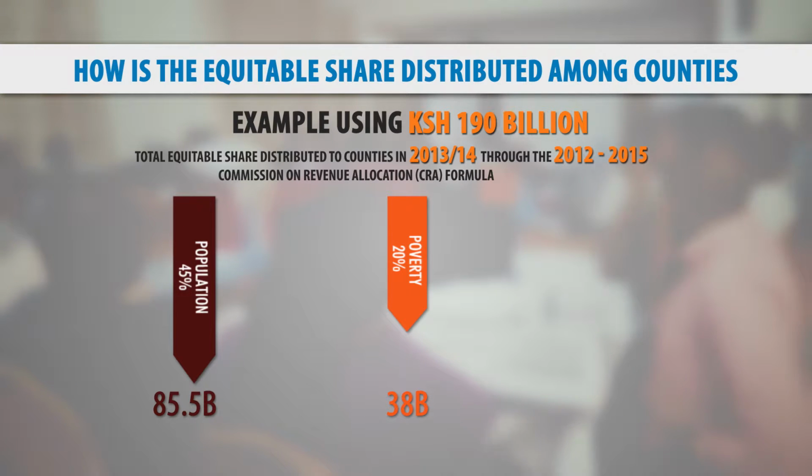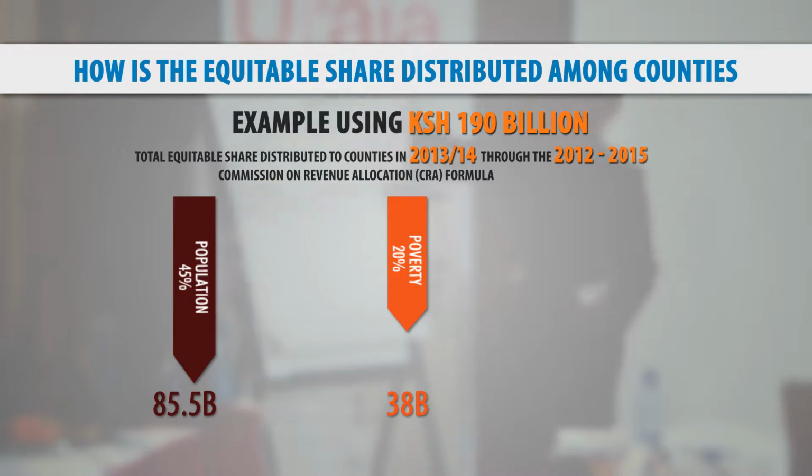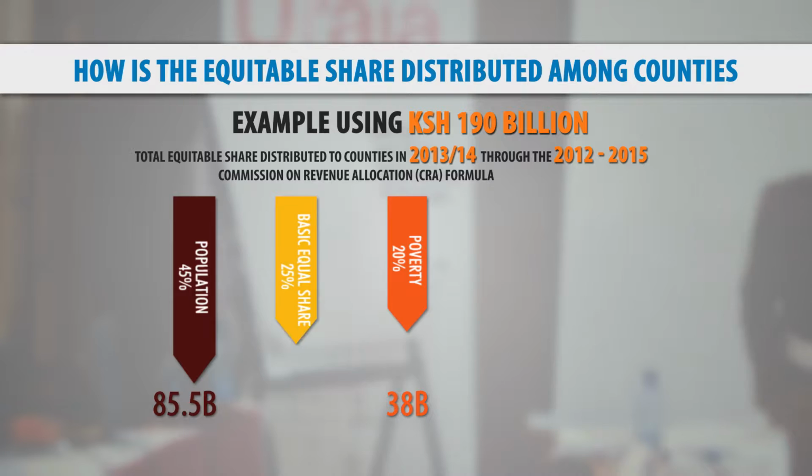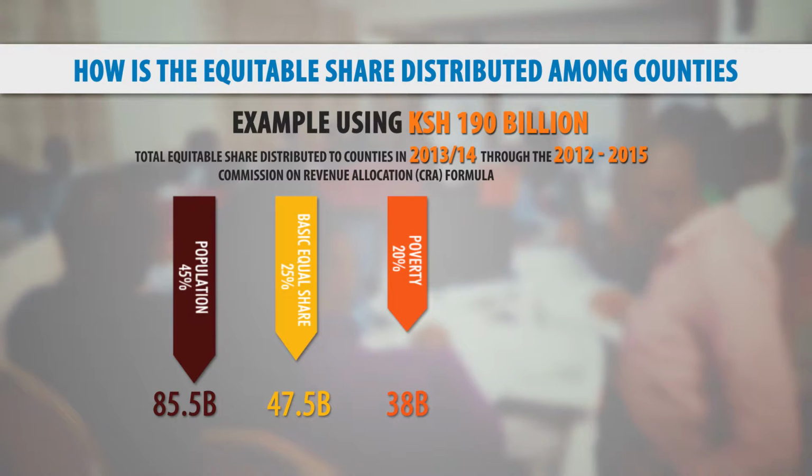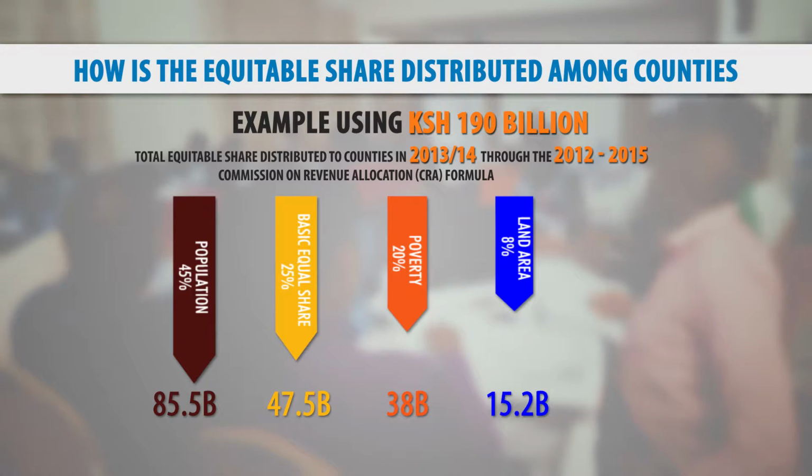That is the first one, population. Someone else? Equal share. Development factor. Anyone else who has another one in mind? Kibet? Land area, all right.